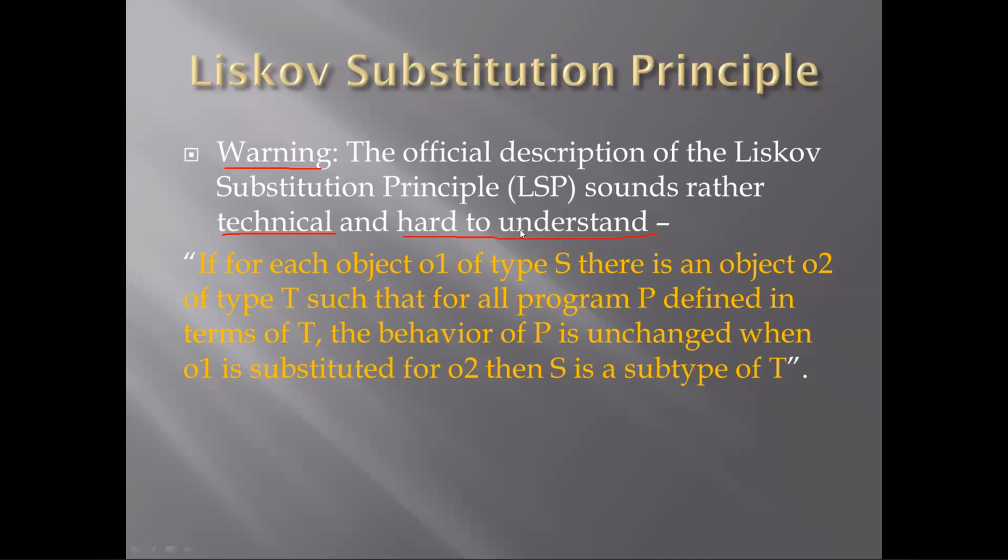So let's begin with the official description. If for each object O1 of type S, there is an object O2 of type T, such that for all programs P defined in terms of T, the behavior of P is unchanged when O1 is substituted for O2, then S is a subtype of T. As I already told you, it's very technical and hard to understand.